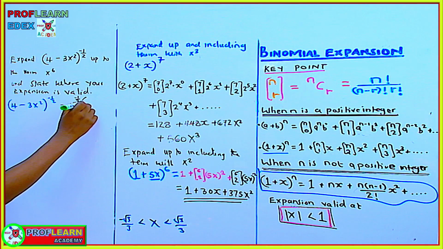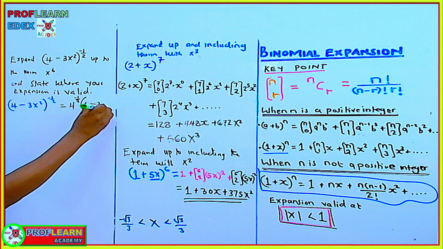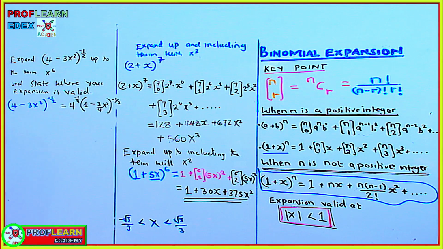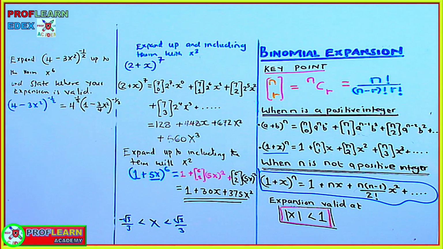Then inside we say it's 1 minus 3/4 x squared raised to power -1/2. You can take this 4 out, and then you divide the second term by the 4 you are taking out. But when you have taken it out, remember to put the power, the original power, the way it was.